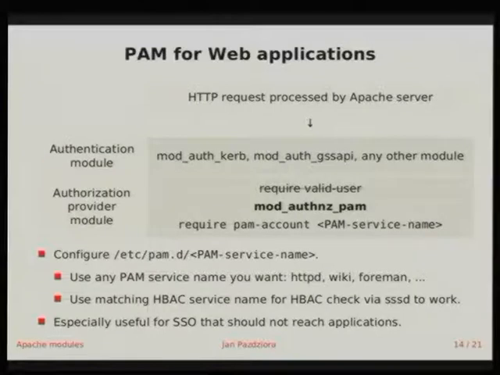So one thing that we looked at was PAM access control or user validation. So we have a new module, mod_authnz_pam, and normally when you use basic authentication or digest or whatever, you have those authorization providers, but you typically use require valid-user because when the user has authenticated, you think that it is okay for them to get in.